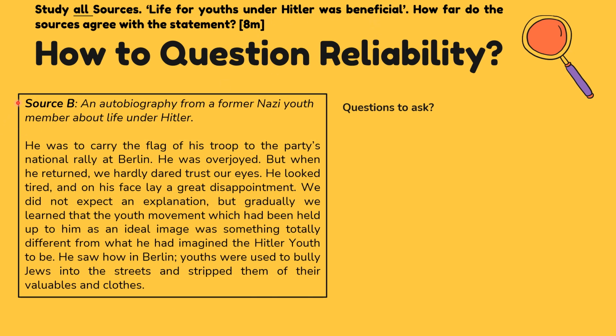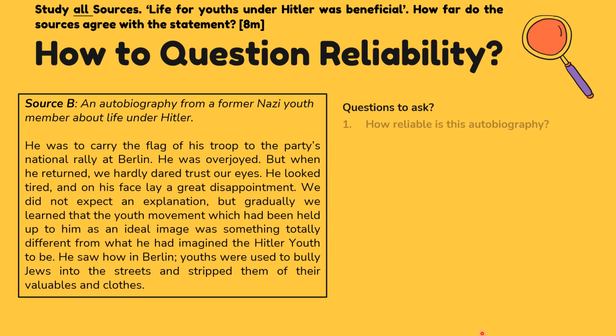If you read this autobiography very carefully, which is a personal recount from a Nazi youth member, you can see that there is something interesting about his experience, especially in the second half of this paragraph. It seemed there was a great revelation or a great discovery about how Hitler youths were initially taught and what they were actually doing.